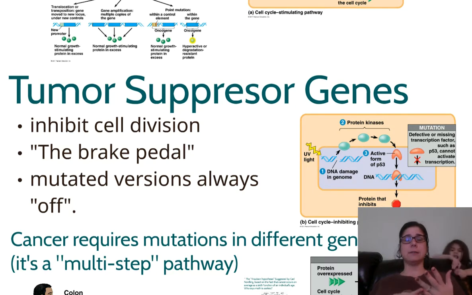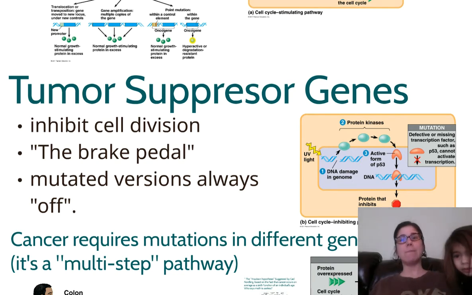Both alleles need to be mutated for it to be stopped. But once both mutations happen, it completely stops, or it's turned off, I should say. It's turned off, meaning that it allows the cell cycle to go on. Normally, it stops the cell cycle from proceeding. Two mutated alleles, though, and now all of a sudden, the gene is not functioning, and the cell cycle is able to proceed on.